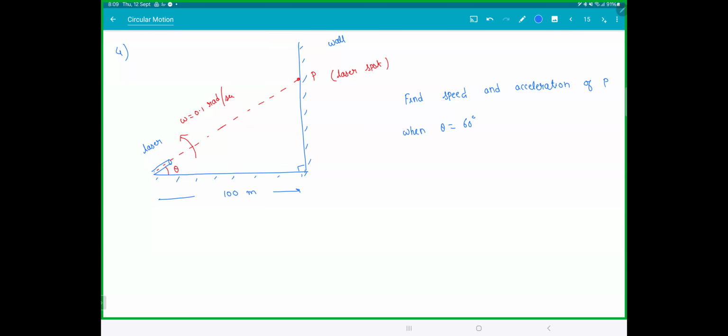Let's just find the speed. Acceleration is the same thing, just double differentiation. Give it a try.